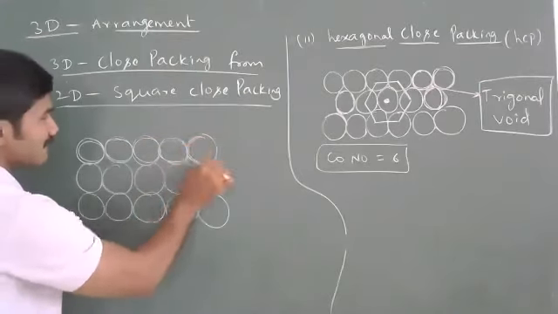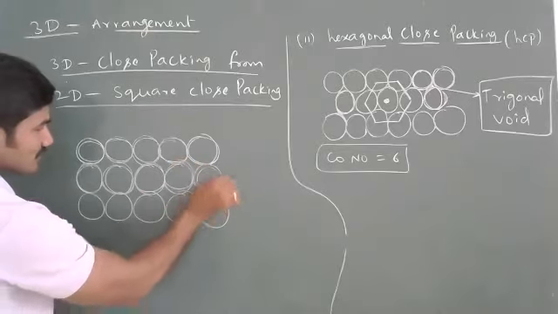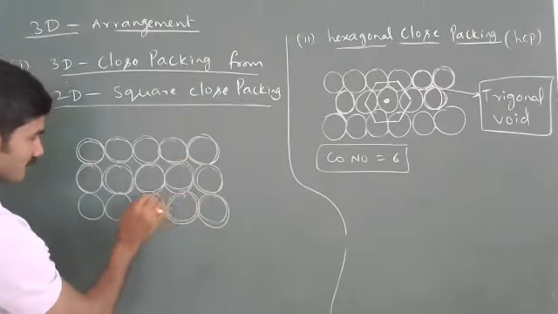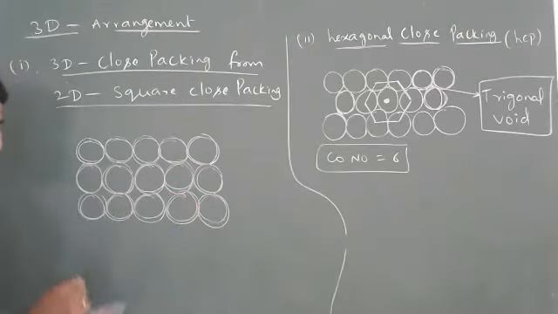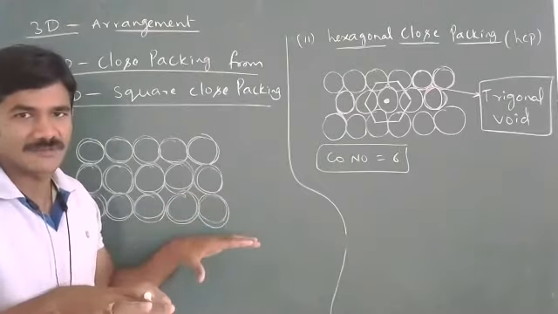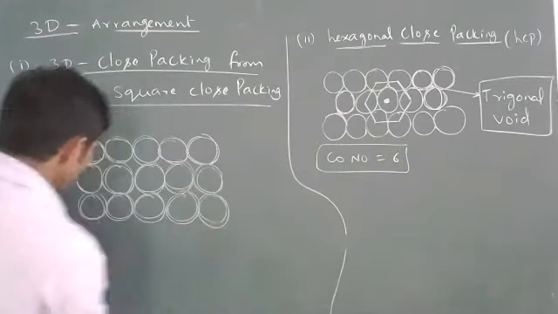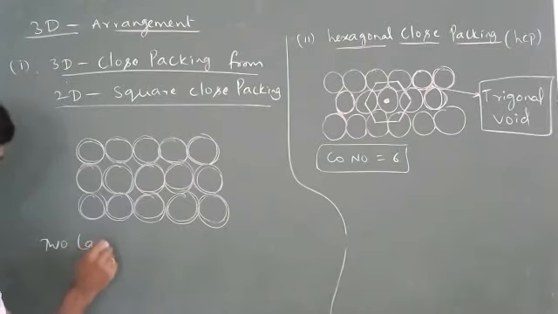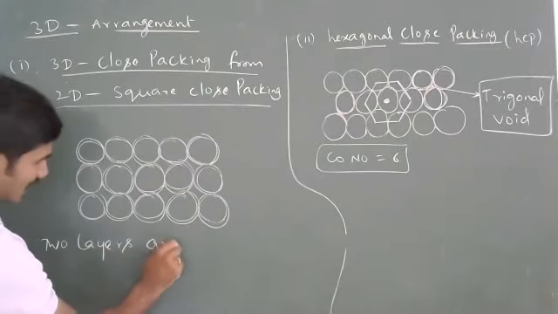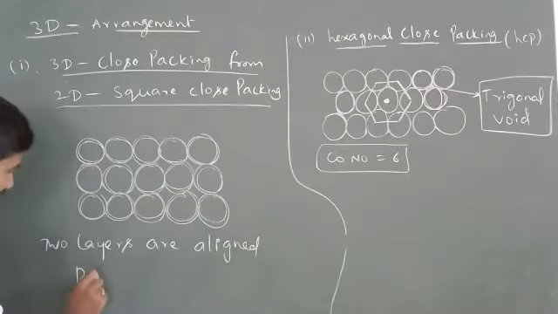I arrange the same type of layer, so here there are two layers. I can't show it correctly on the board because it's a 3D arrangement. In one layer, all atoms are arranged in square close packing. Above that, we are placing one more layer. So here, the two layers are aligned perfectly.